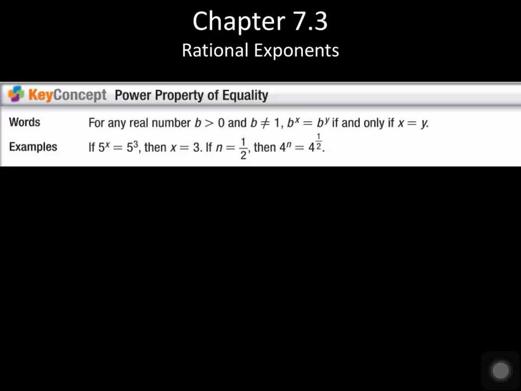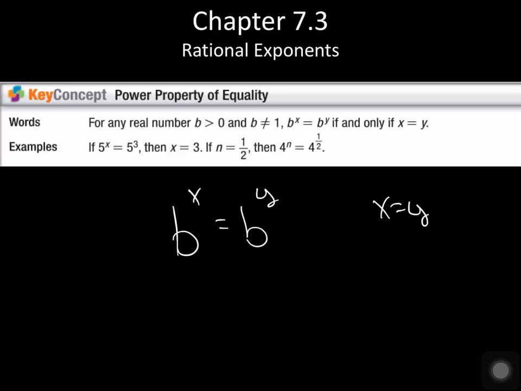Now let's go ahead and look at the power property of equality. There's a statement here, and I'm going to pull it down. b to the x equals b to the y if and only if x and y are equal.